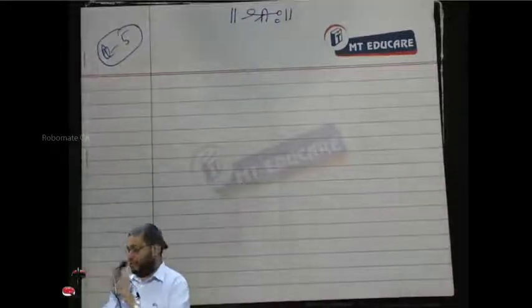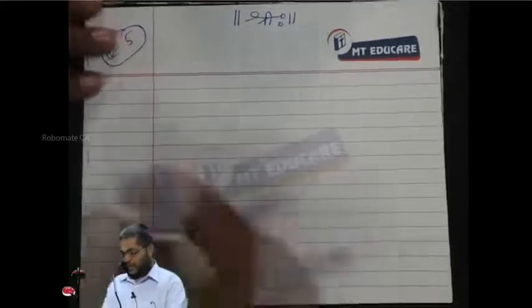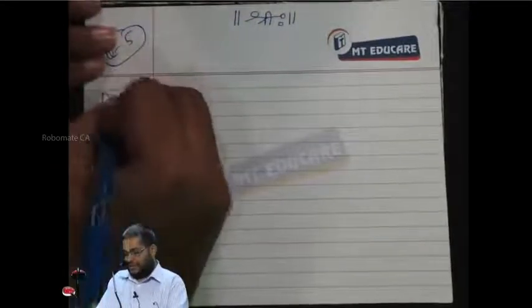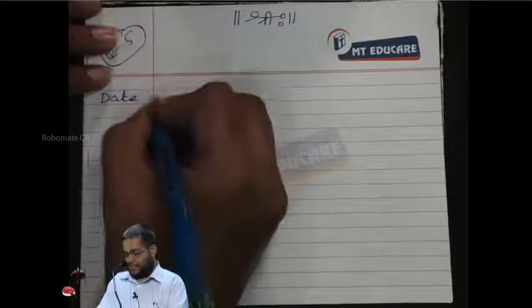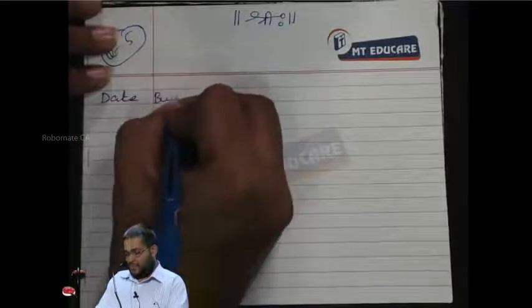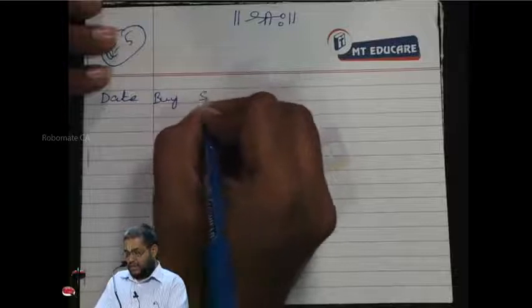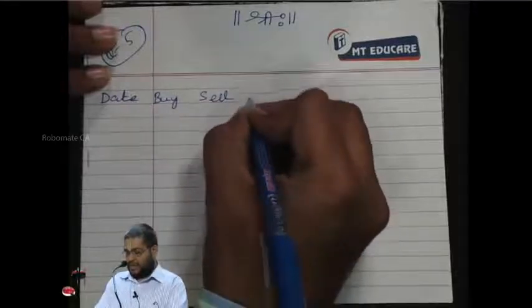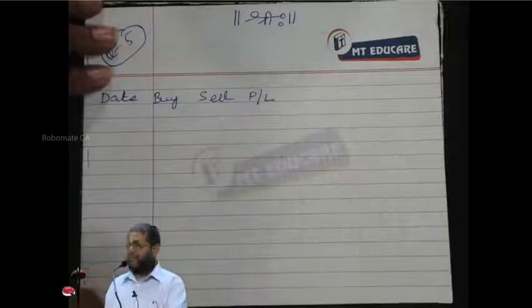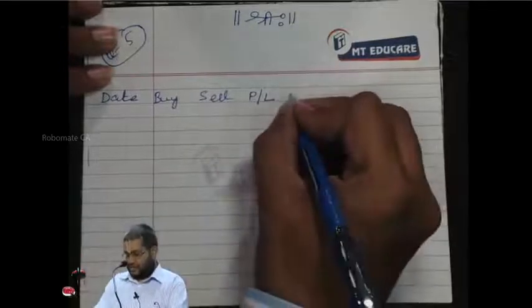Now, please open along with me the columns. Okay. First, date. We have a buy. We have a sell. We'll be having profit or loss.